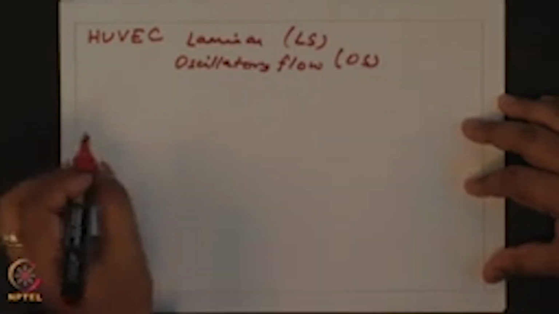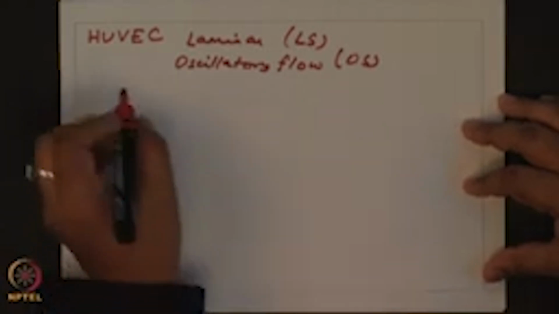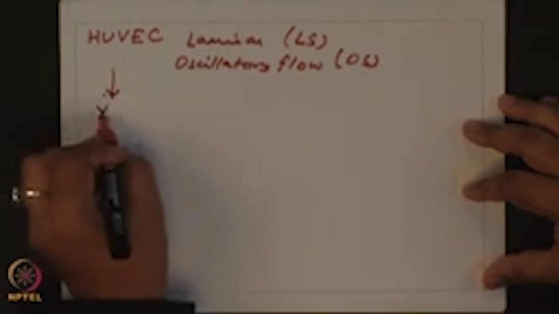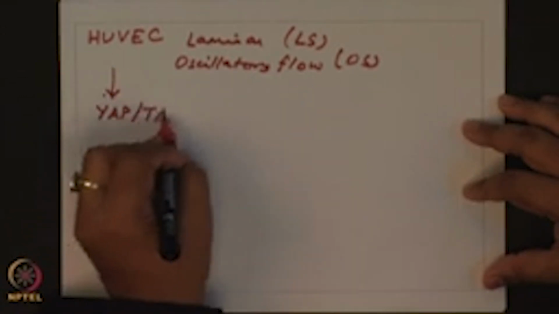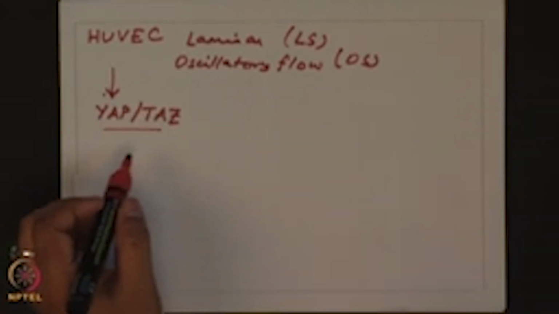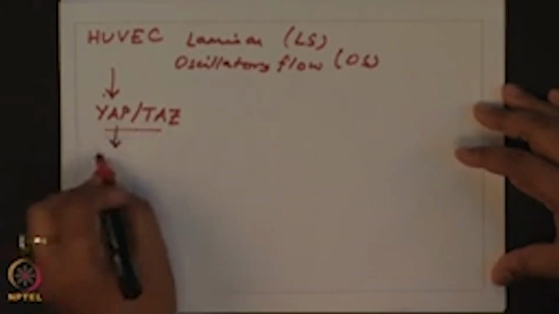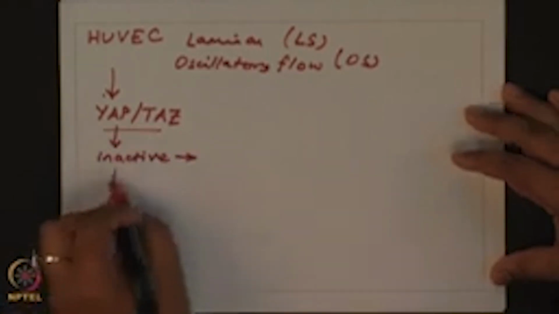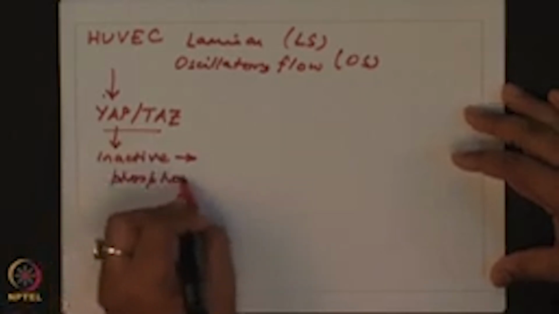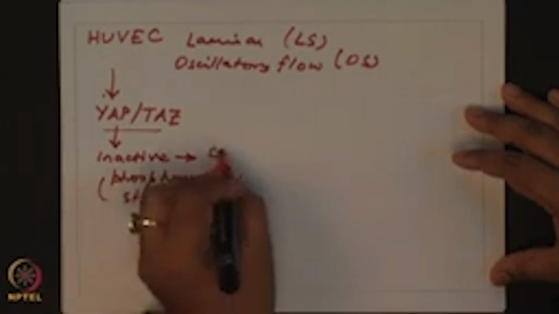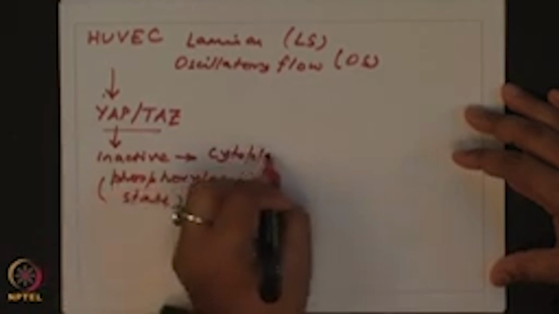And what they found was, they checked under these conditions what is the profile of YAP and TAZ. Now, these transcription factors exhibit this particular behavior, that when it is inactive, it is inactive in its phosphorylated state, and it exhibits a cytoplasmic localization.